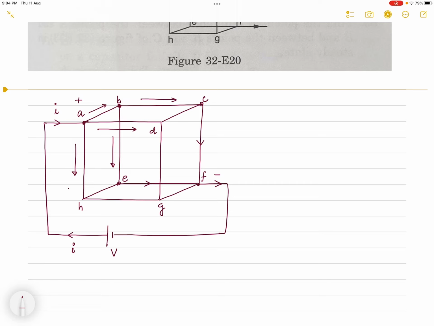And if you look at the path B, C, F and the path B, E, F, don't you think the two paths are absolutely similar for the current to flow, which basically makes us understand that when a current reaches from point A to the point B, it will divide equally across the path BC and the path BE, and then equal currents will flow from B to C and then to F, and from B to E and then to F.